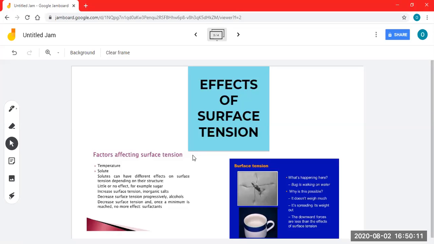Sugar increases surface tension, while inorganic salt decreases surface tension progressively. Alcohol also decreases surface tension. When you boil water, it decreases the surface tension. And once a minimum is reached, there is no more effect.